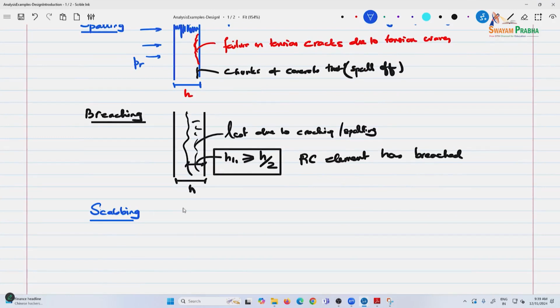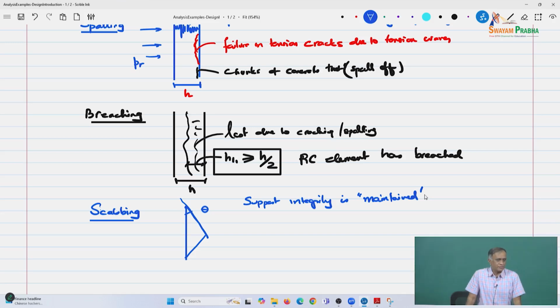Scabbing is considered when the failure is defined, if you are able to measure the support rotation. Quite often the support integrity is, I should say qualified, but you can say it is maintained. The tension and the moments are very close to 0 there if it is simply supported.